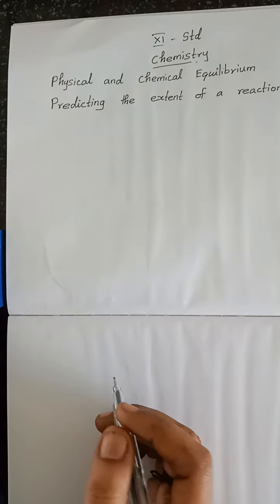The application of equilibrium constant: the first point is to predict the direction in which the net reaction will take place. So what is the general chemical reaction?